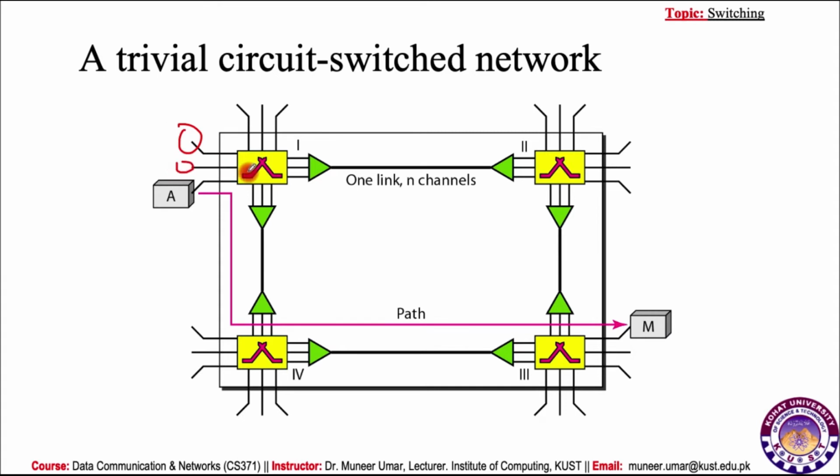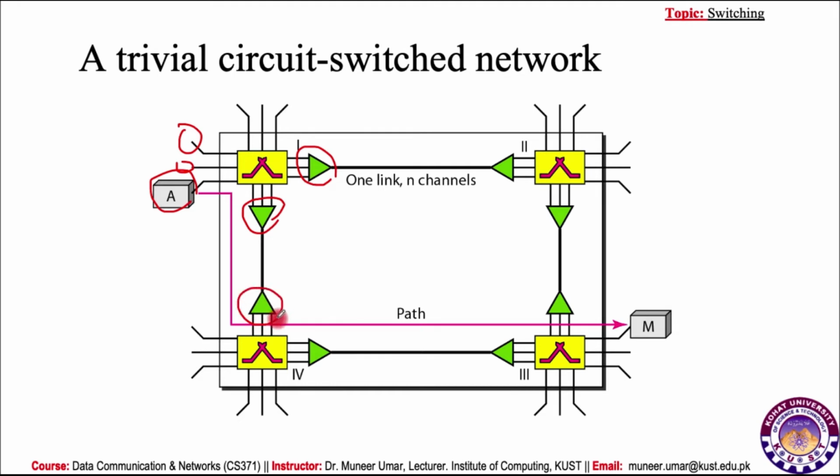This one switch is connected with six end devices. Among these six end devices, node A is also a device connected with this switch. Each switch is further connected with a multiplexer. These symbols are showing multiplexers.